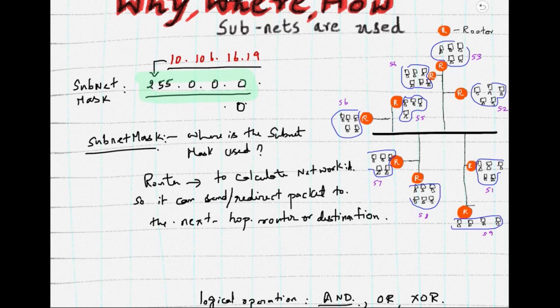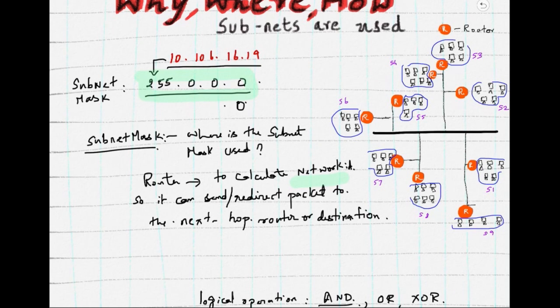The subnet mask is used in the router logic to calculate the network ID, by performing an AND operation with the IP address. The network ID is calculated so that the router can redirect the packet to the next hop router or the destination address. So let us see how an AND operation is performed.